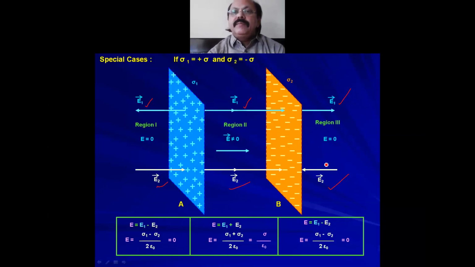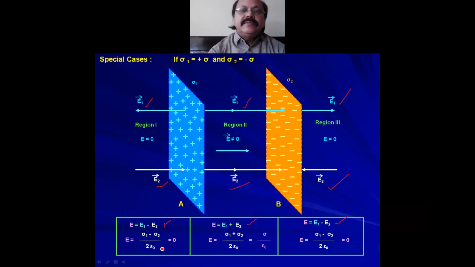So in magnitude form, when you write the total electric field intensity in region 1, E equal to E1 minus E2. Whereas in region 2, both are in the same direction, therefore E equal to E1 plus E2. In the third region, again they are in opposite direction, so E equal to E1 minus E2. Substitute the values of E1, E2, that is sigma 1 upon 2 epsilon naught minus sigma 2 upon 2 epsilon naught, as you have done in the previous case.